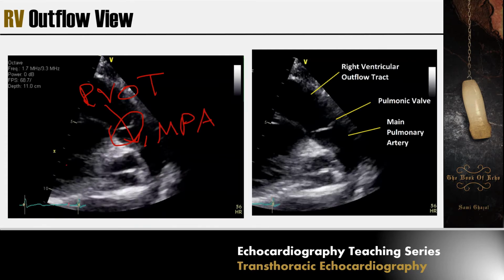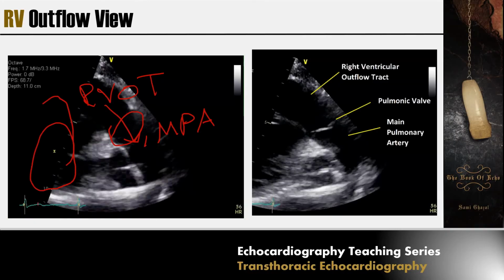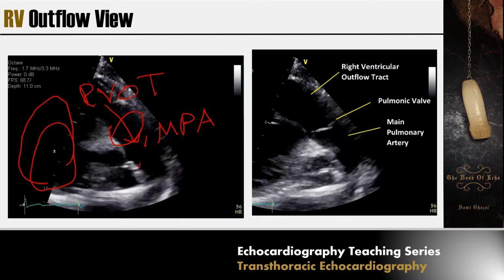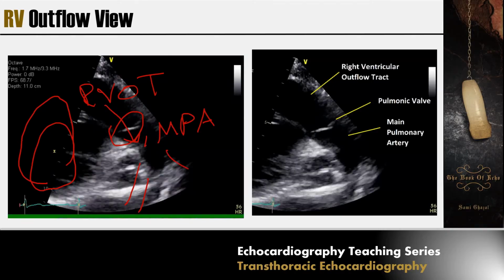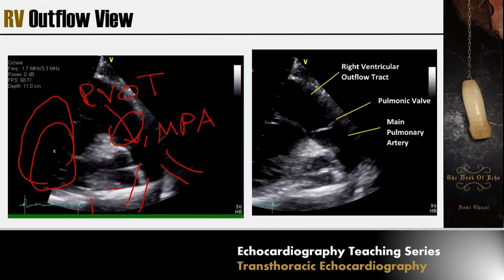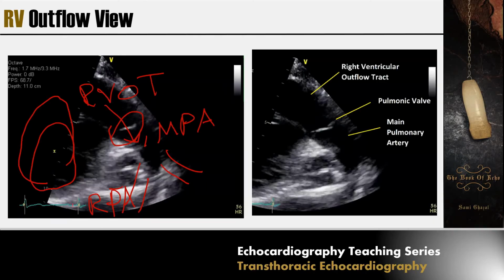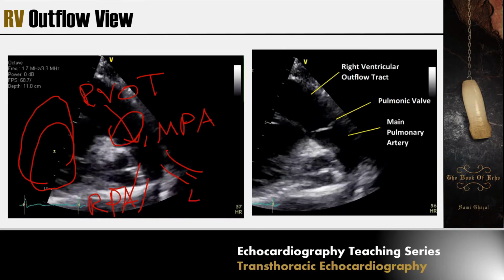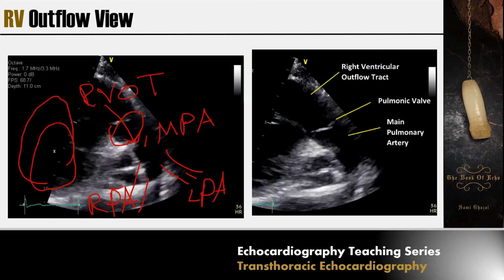The RV is on this side, the rest of the RV. So sometimes you can see branches of the pulmonary artery. So the branch that is directed toward the RV is the right pulmonary artery, and the branch that is away from the RV is the left pulmonary artery.